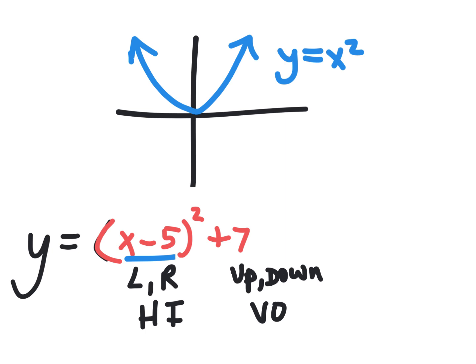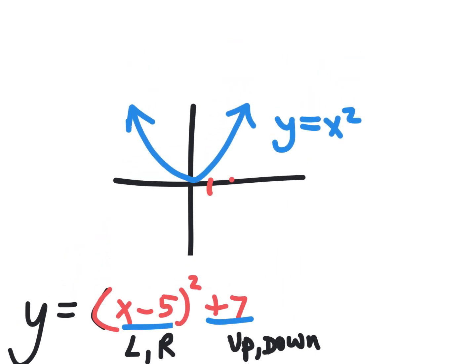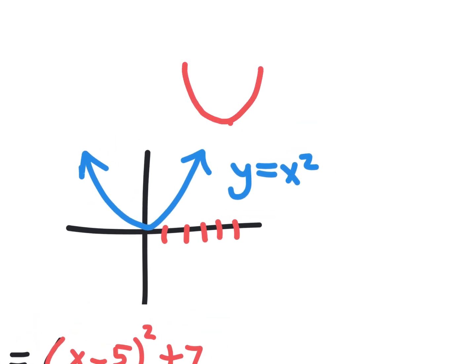It's now more complicated. It's 5 to the right and up 7. I just moved it 5 to the right and up 7. Do you get my U shape? It just moved. It isn't at 0, 0 anymore. It's just been moved to the right and up.